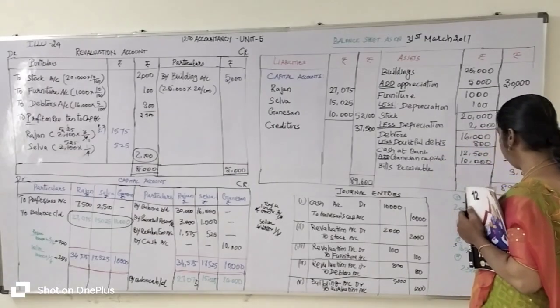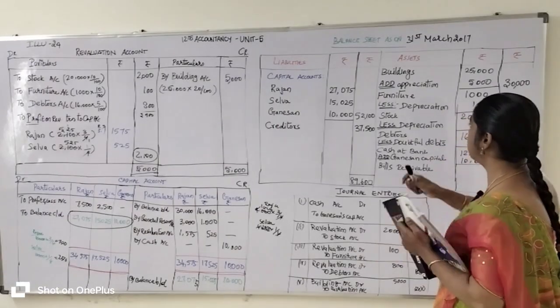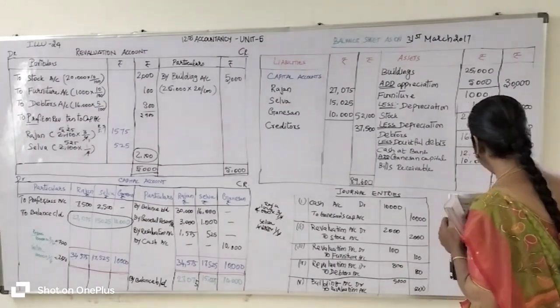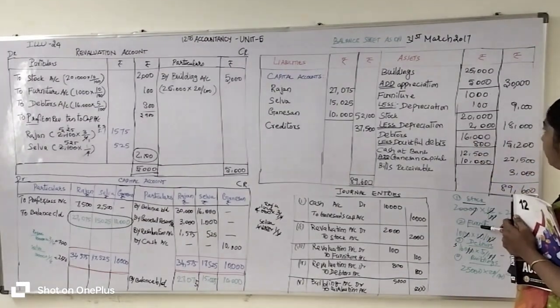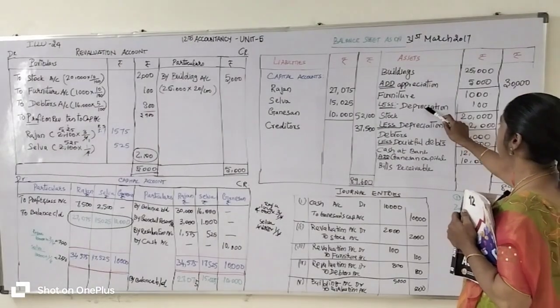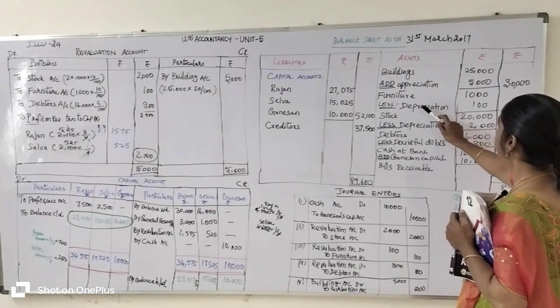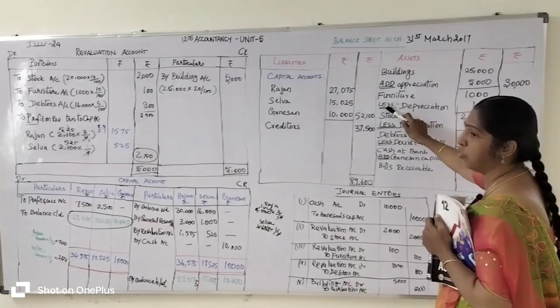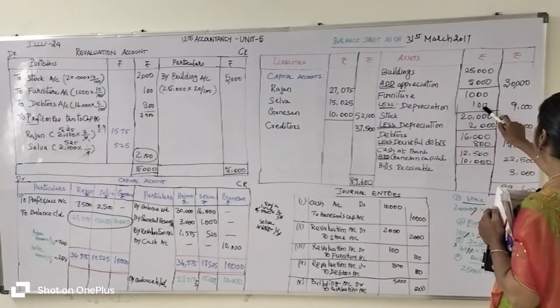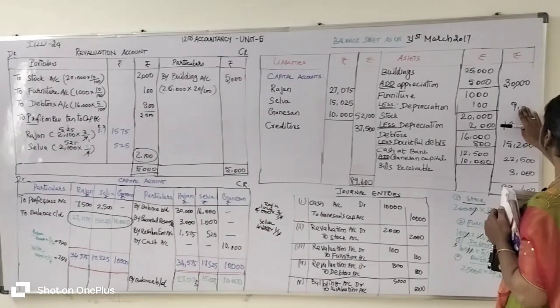Then furniture value, furniture is 1,000 rupees entered from the question and we have the adjustment for furniture: 100 rupees depreciation. Depreciation 100 rupees means we have to subtract the depreciation 100 rupees. 1,000 minus 100 you will get 900 rupees.